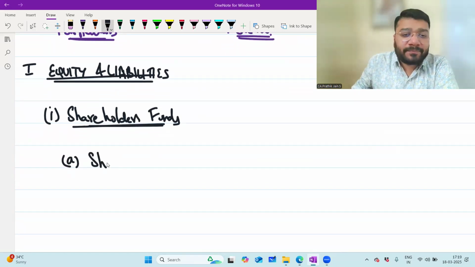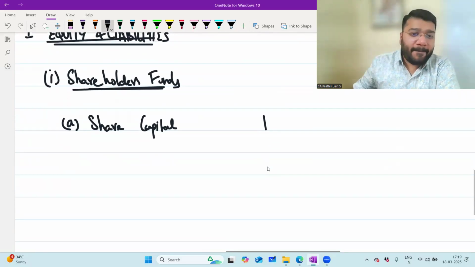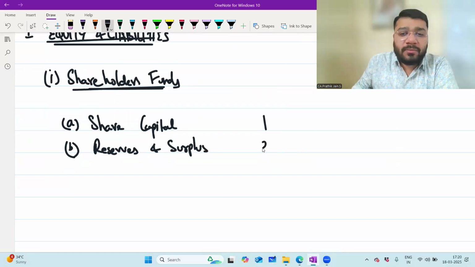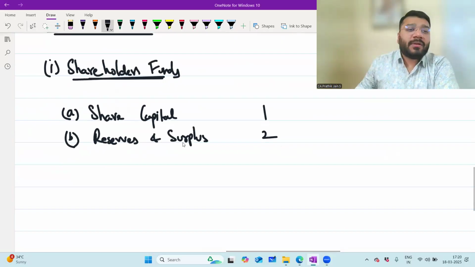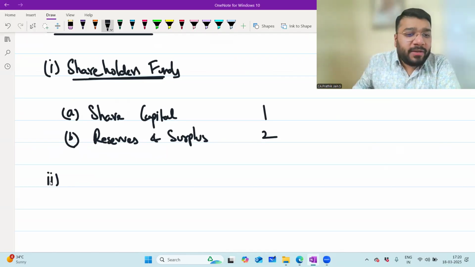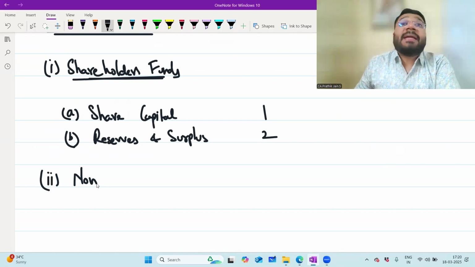Very good. Do we have any note for that? Yes, note 1. Then B is reserves and surplus, note number 2. C is not required, no? There's no information on the share warrant. We can skip it. Then 2 is non-current liabilities. Because there's no information on share application money pending allotment, we can skip it.